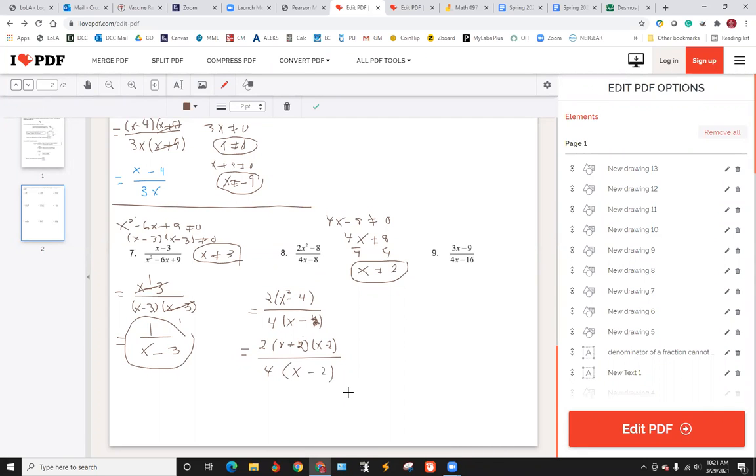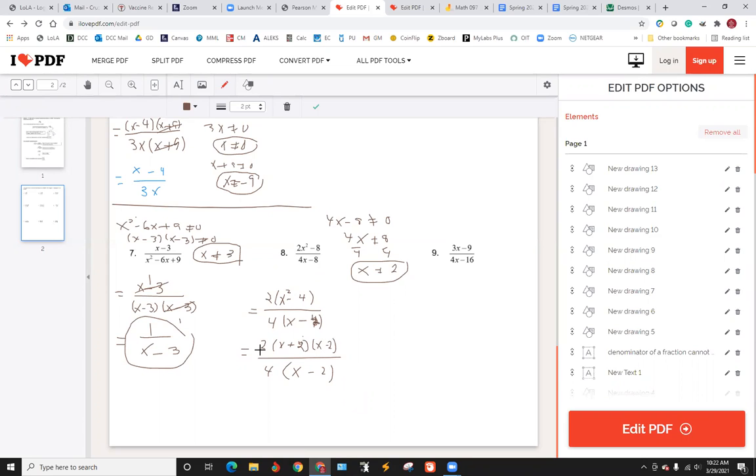So now we just take out anything that's common from top to bottom. So that's just the x minus 2 there.